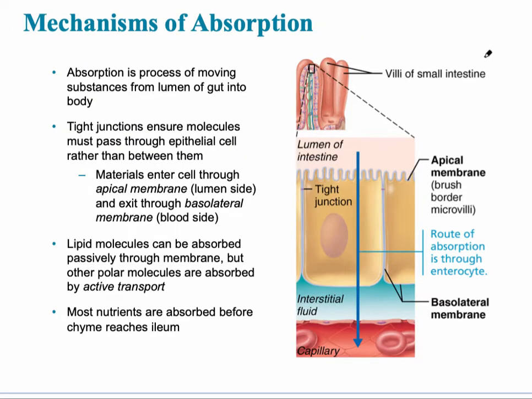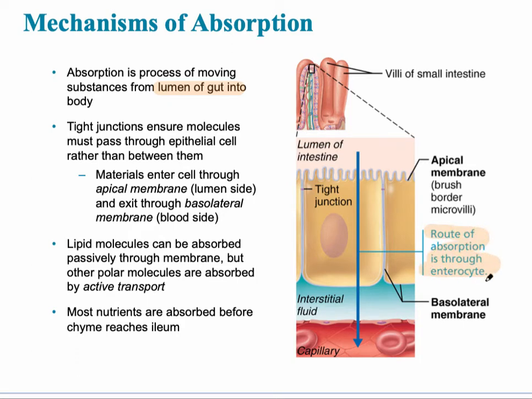So the mechanism of absorption is the process of moving substances from the lumen of the gut, that's the small intestine or the GI tract, into the body. And remember, the small intestine is the main location where absorption actually takes place. So here we can see the route of absorption through an enterocyte.